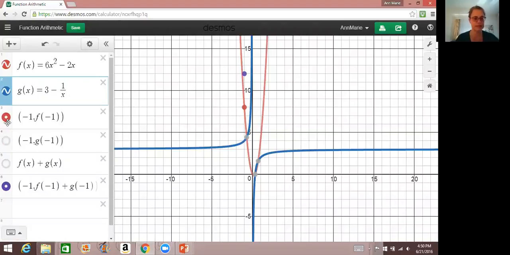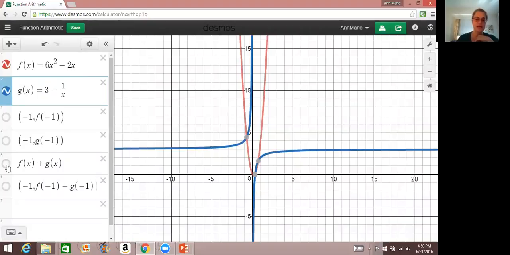Okay, let me turn off the noisy stuff. So I've got two curves on here. The red one is f of x, 6x squared minus 2x. The blue one is g of x, which is 3 minus 1 over x.